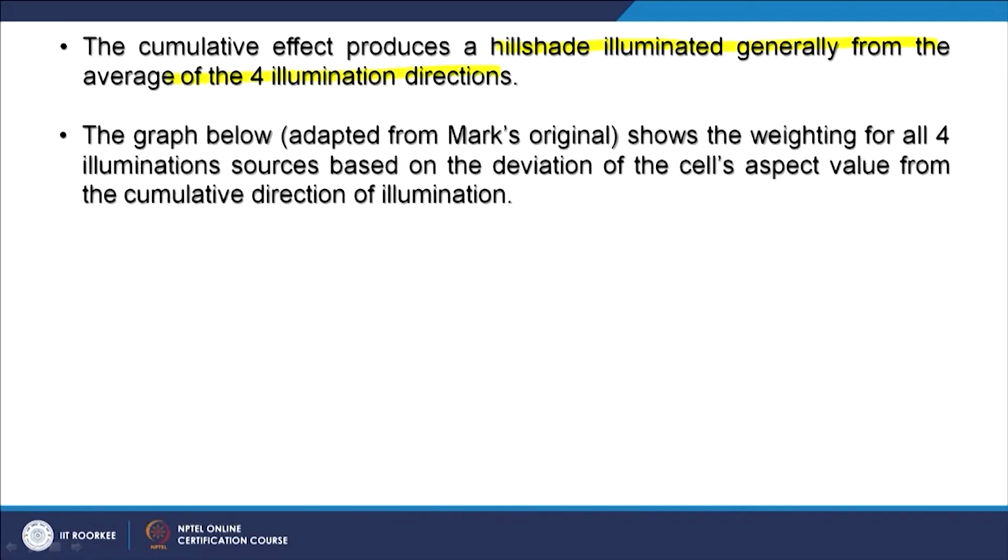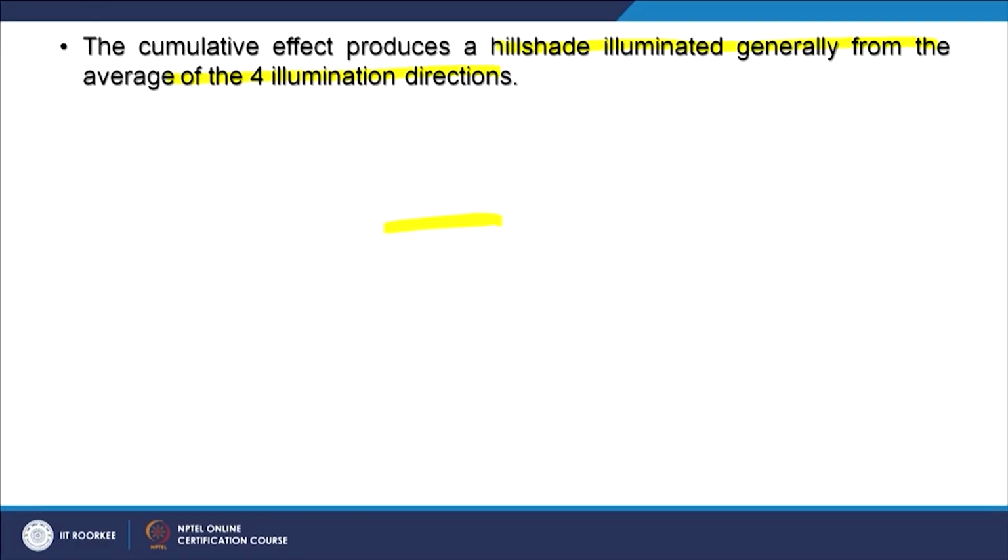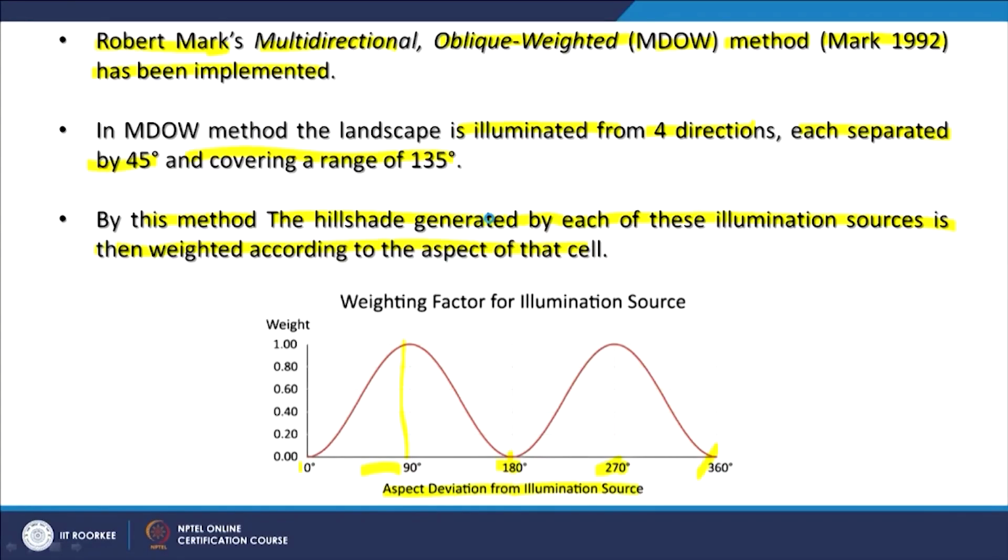Now, this cumulative effect produces a hillshade illuminated generally from the average of 4 illumination directions. The graph which I am going to show here may look a little complicated, but let me explain. This is illumination source 1, and what we have said is that illumination is coming from 4 directions, each separated by 45 degrees, covering a range of 135 degrees.